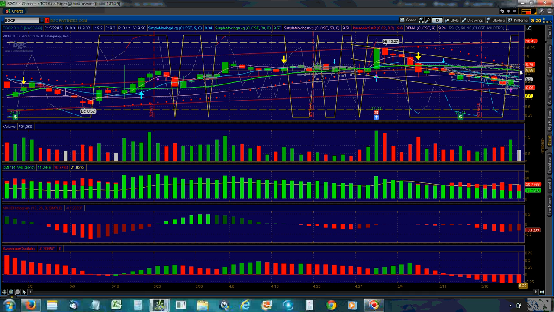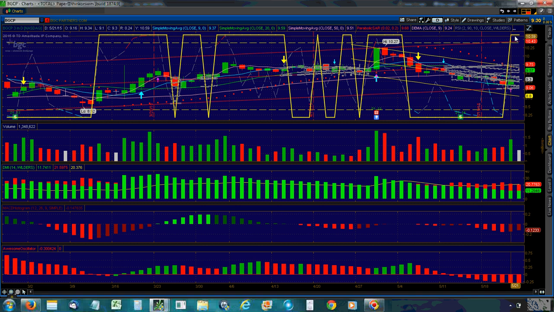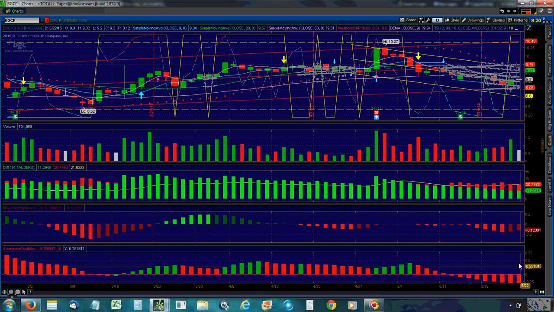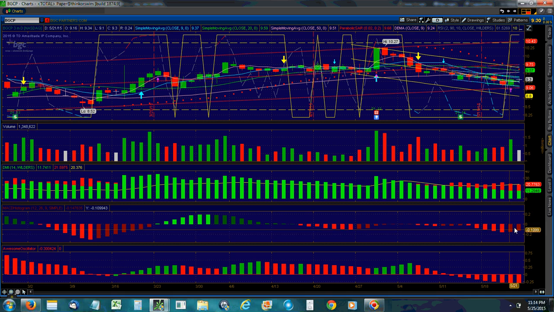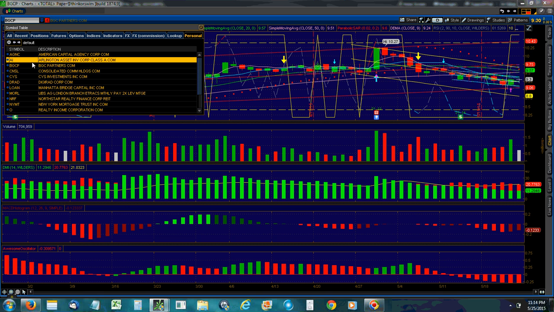I expect that to reverse shortly because the RSI has crossed over. The MACD histogram is starting to trend up, so I expect that to cross over shortly. But as soon as we get that signal, that to me would indicate that it might be time to buy.